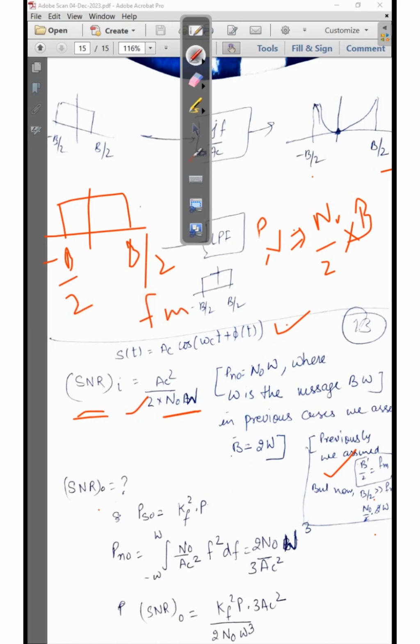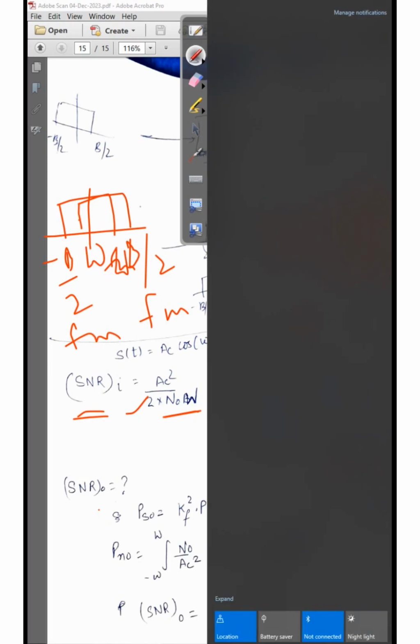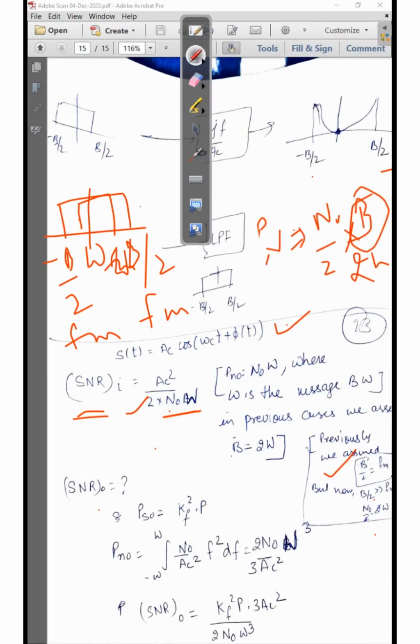But in this case my fm is less than my b by 2, so fm or w, message frequency, so this time this b becomes 2w, right? So I can write the noise power becomes n naught into w, and this is my signal to noise power.